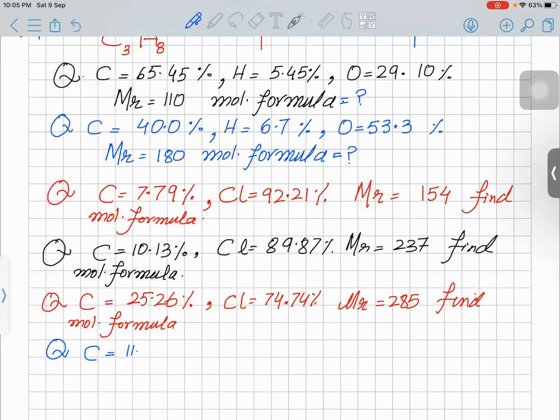Carbon 11.25%, chlorine 88.75%. MR is 320. Find the molecular formula.